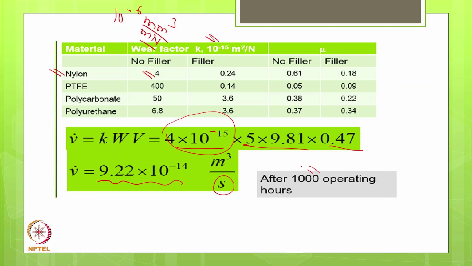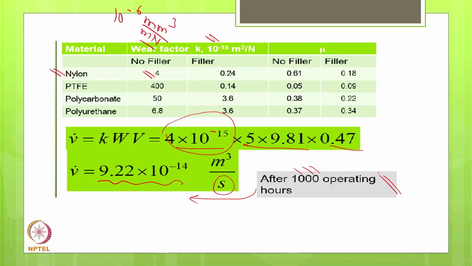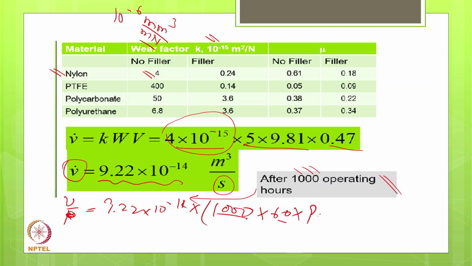Now if somebody wants to operate for 1000 hours, then we know very well the clearance of the bearing will increase significantly, and this cannot run like that. Why are we saying this? Because this is the wear rate, the V by T, right? So 9.22 into 10 to the minus 14. Now if I bring T over here, naturally T can be calculated like 1000 hours into 60 minutes, and RPM is 900.